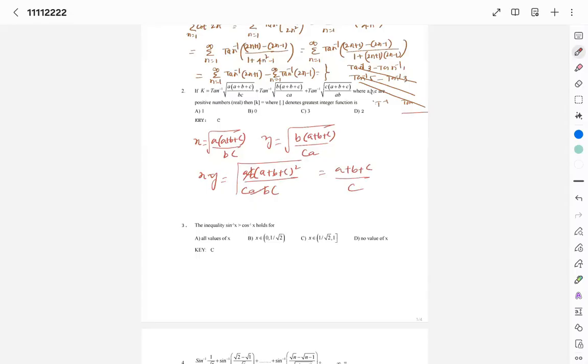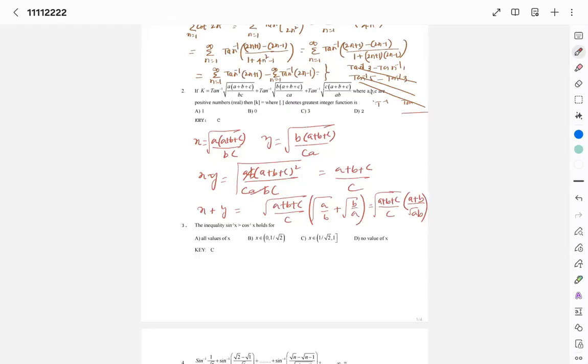If I add x plus y, root of a plus b plus c by c, root a by b plus root b by a, which is root of a plus b plus c by c, into a plus b by root ab.